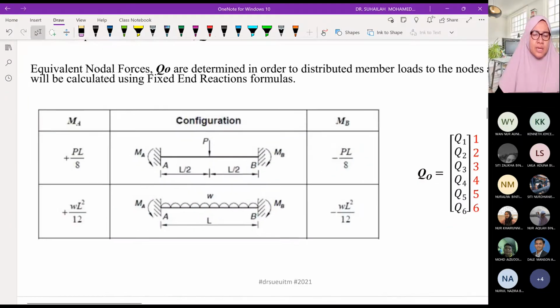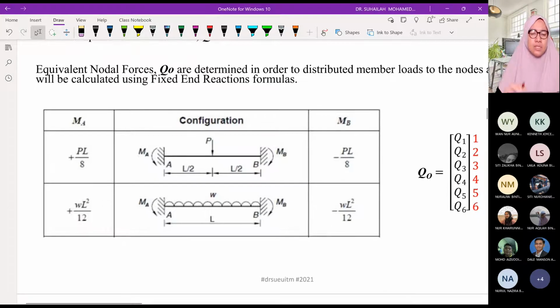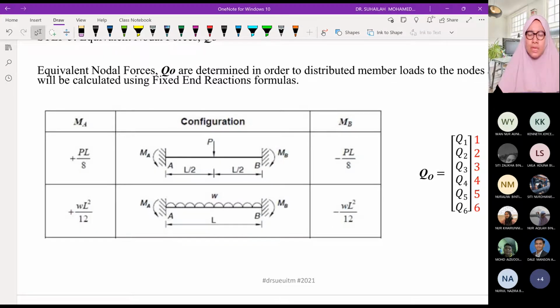So here I have just put the two formulas that we'll be using in this example. UDL as usual, UDL to WL squared over 12, and we have WL yang ni, yang ni we have sini juga, fixed end reaction.